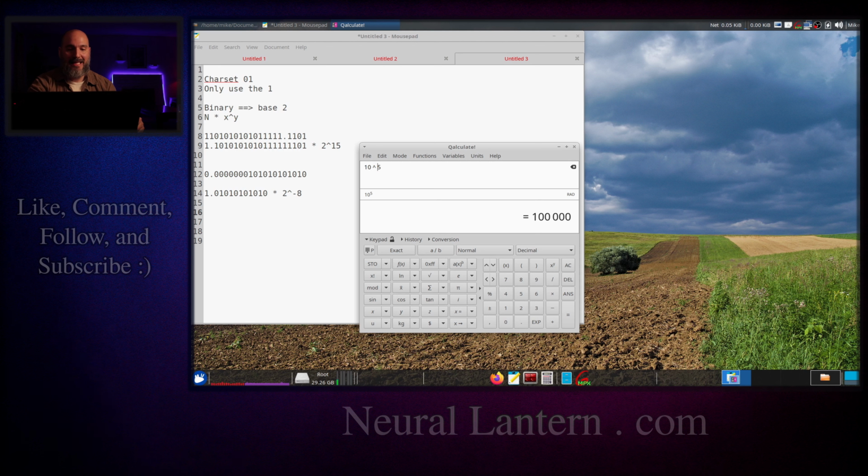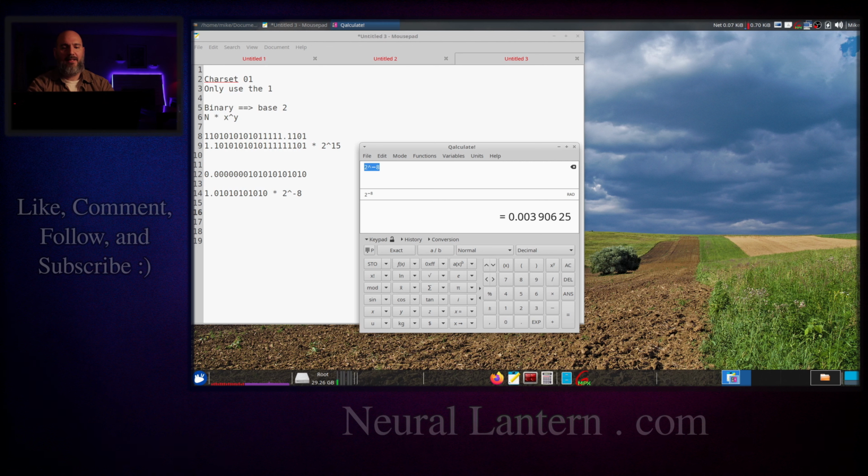But if we did to the -5 power, we're going to be dividing it by 10 a bunch of times. So instead of multiplying it by 10 a total of 5 times, we're going to divide by 10. So then the number gets really, really small. So that means when we say 2 to the -8 power, we're going to be dividing it by 2 that many times. And so we end up with a really, really small number.